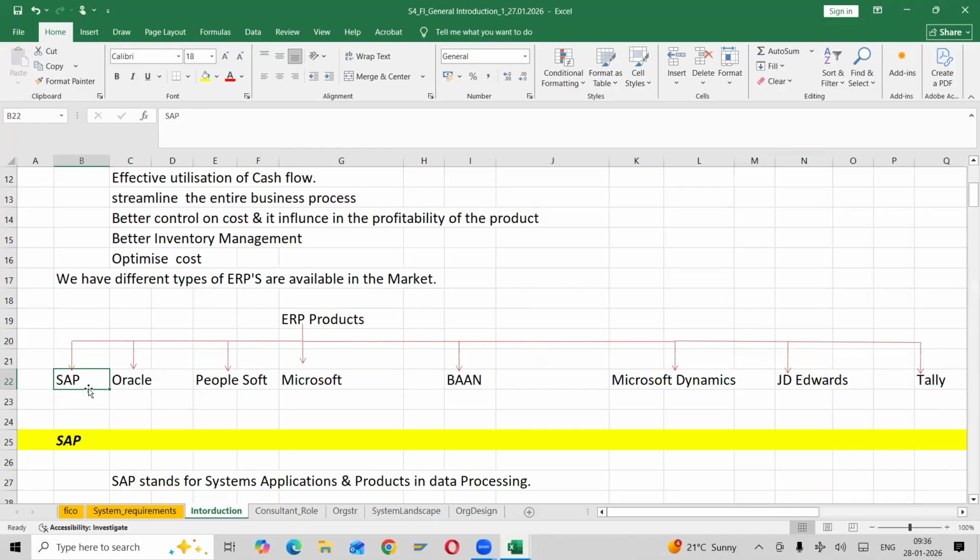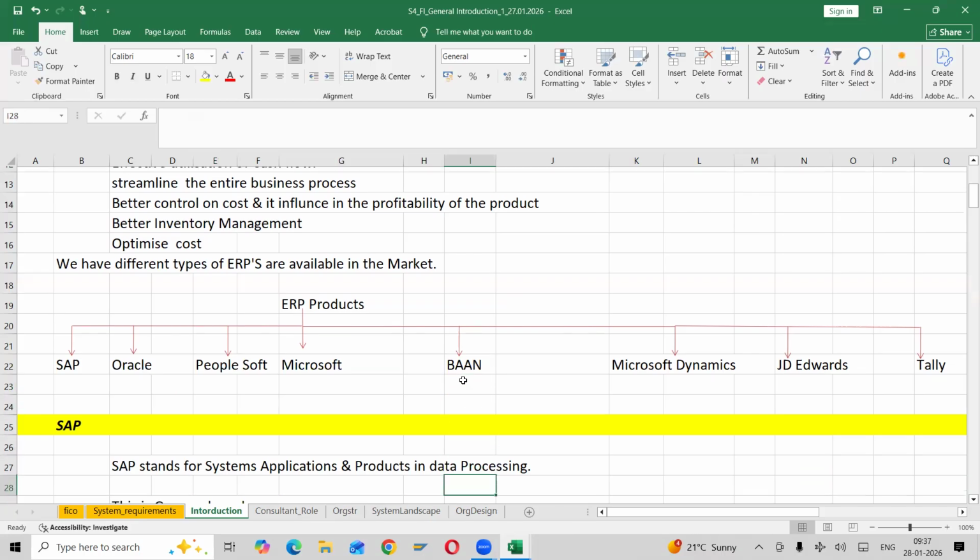Oracle is an ERP only on the finance module, giving end-to-end solution on finance. PeopleSoft gives end-to-end solution only on HR. Even though they are claiming, Microsoft is also claiming the same thing. BAN gives end-to-end solution only on production. Same thing, SAP we already discussed.